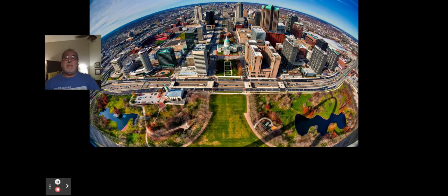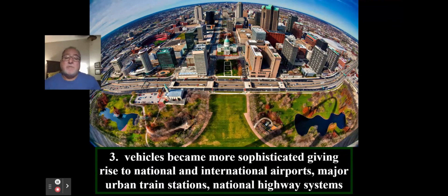Anyway, I digress. Vehicles become more sophisticated, giving rise to international airports, national airports, urban train systems, a national highway system, the interstate system. If you drive around on the roads this summer, and hopefully you get to, you'll see the Eisenhower highway system. Guess whose idea that was?